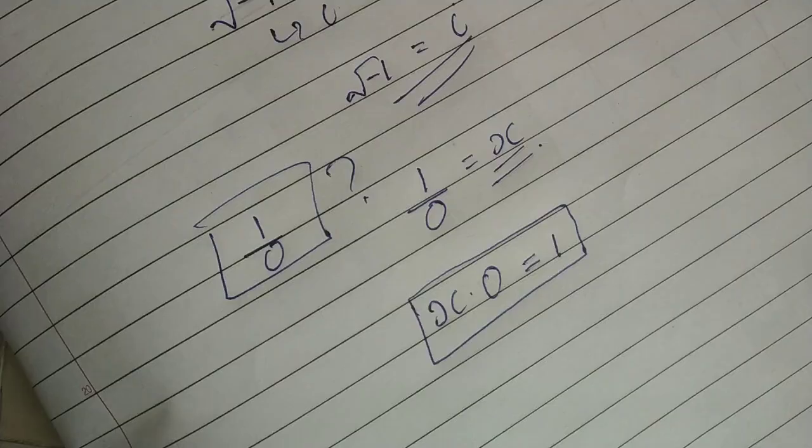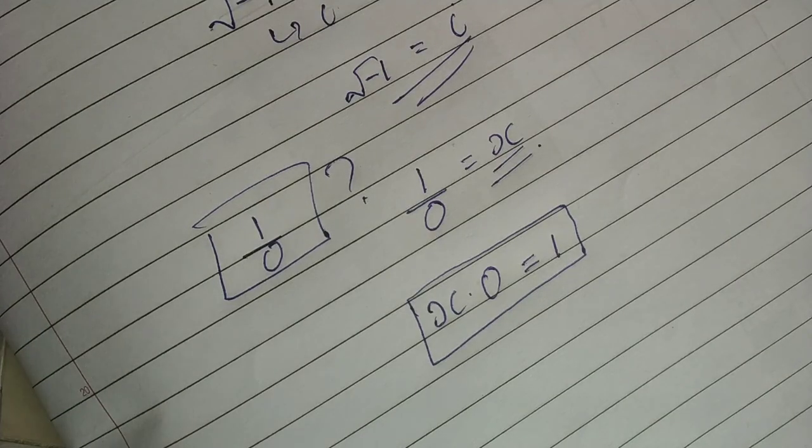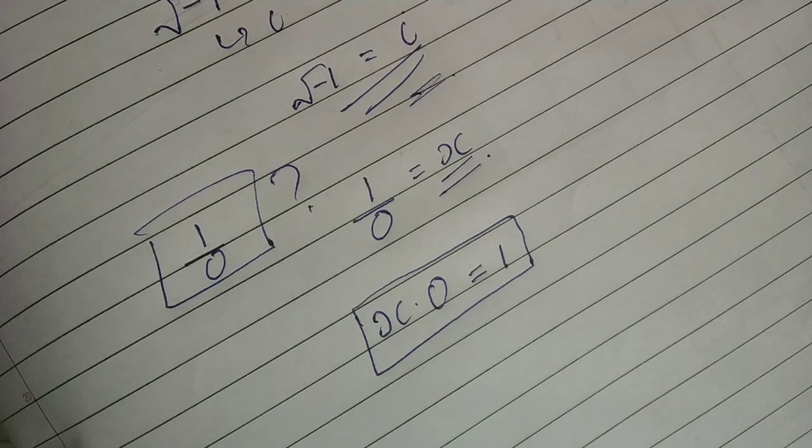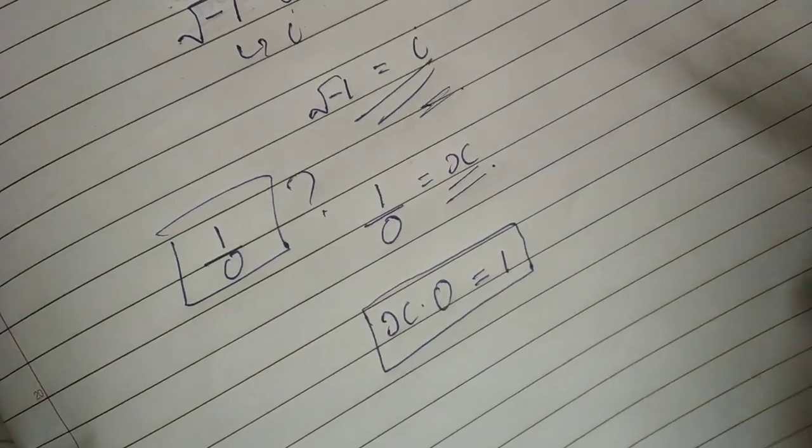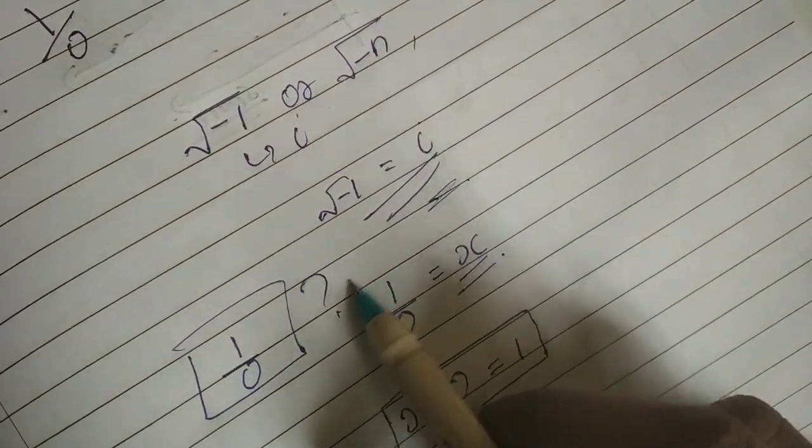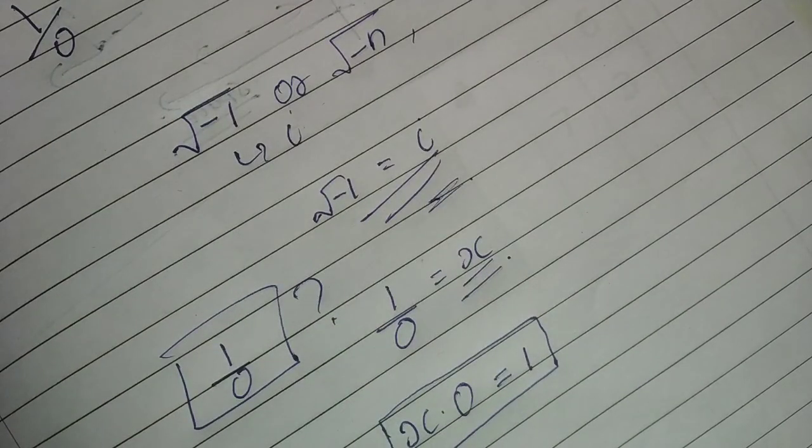So some of you may argue that it breaks the rule of math. The rule of math says that if any number is multiplied with 0, the result will be 0. But wait a minute, mathematics also says that we cannot multiply the same number with itself and get a negative number, which means that the definition of root of minus 1 also breaks the rule of math.